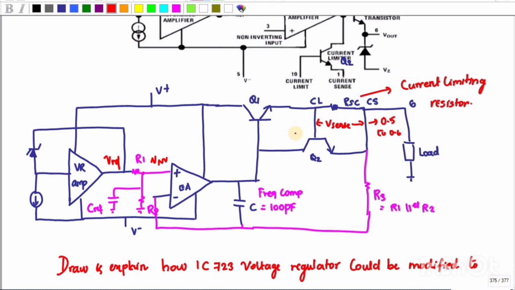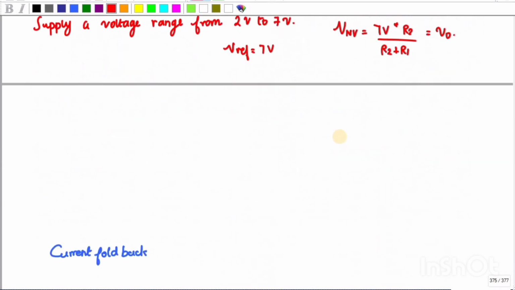So the V sense is between the base and the emitter of the Q2 transistor, right? So I can write V sense is nothing but VBE, that is nothing but 0.5 volt, which will not turn on my transistor Q2, right?